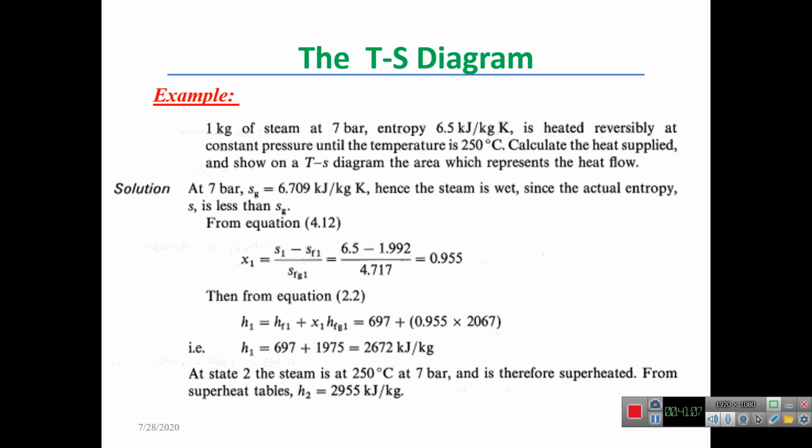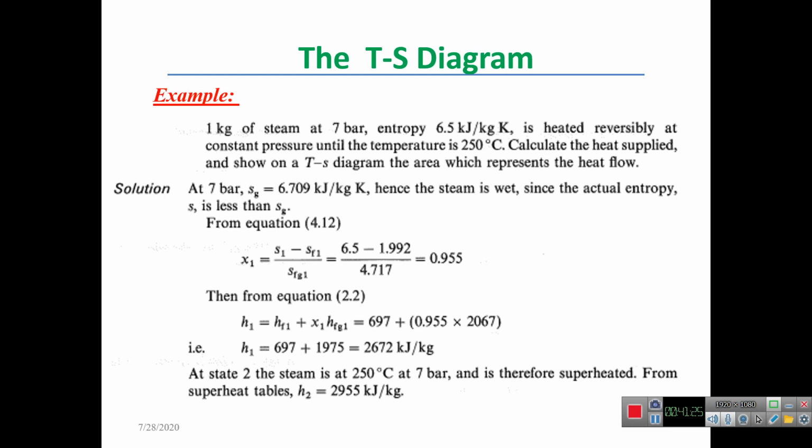You can find all those values from the table at 7 bar. So from the table at 7 bar, we obtained Sg as being equal to 6.709 kilojoule per kilogram Kelvin.